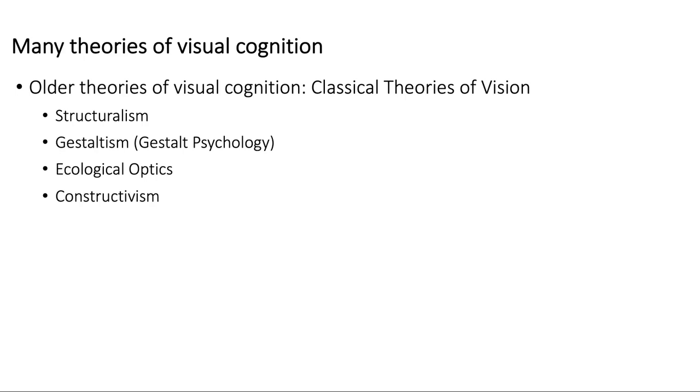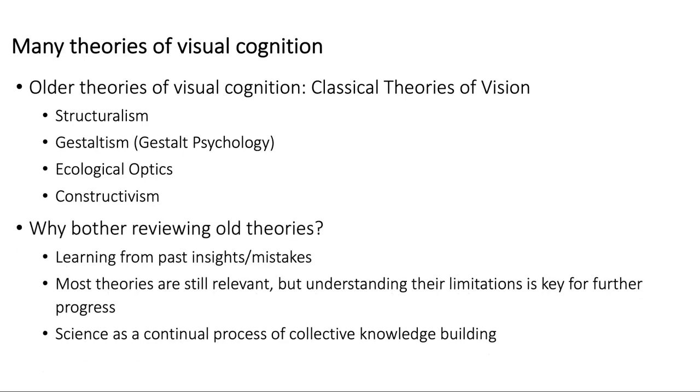There are multiple theoretical frameworks like structuralism, Gestaltism, ecological optics, and so on. And I will mention some of them. We want to learn about them because visual cognition is a domain of research in which it is difficult to say right or wrong. For instance, some aspects of structuralism have been falsified, but you cannot totally falsify it.